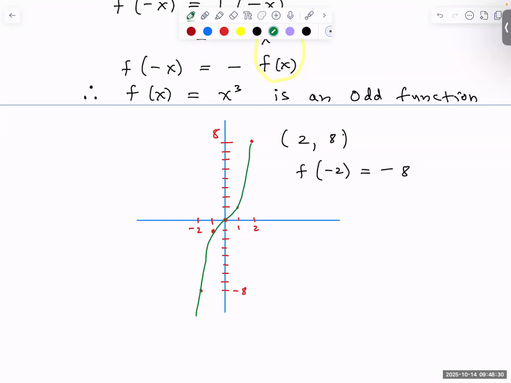And the graph has origin symmetry. So this point in quadrant 3, input the opposite of x, negative 2, you get the opposite of f of x, which is negative 8, is on the graph.